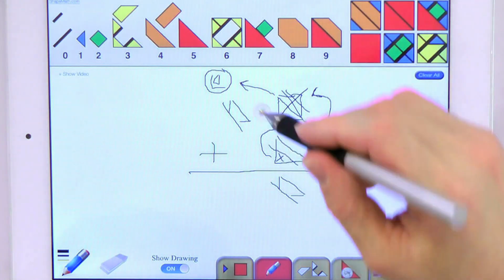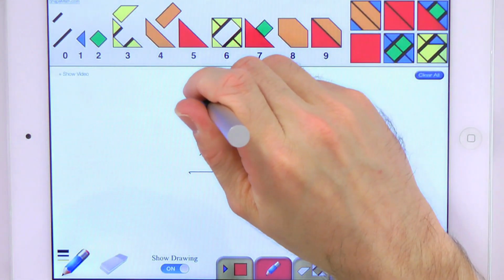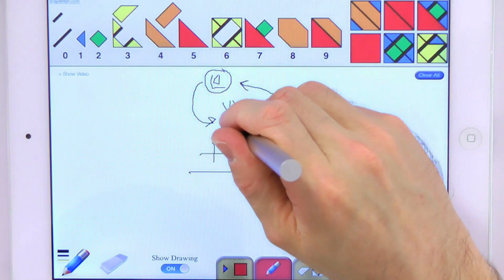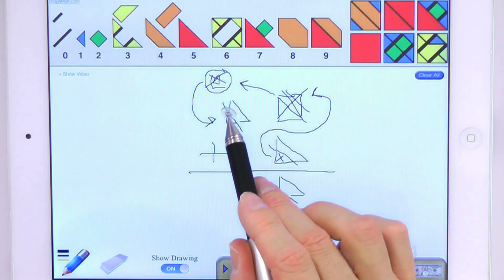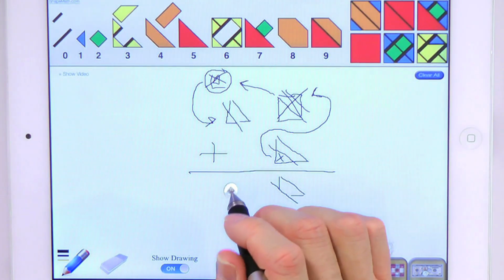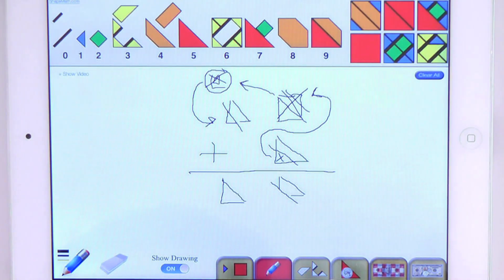There we are. Now we can take this 1 that we carried and move it onto the 4. Exit off because we've used it, and now we have a 5. And we're done with that column as well. So we draw a 5 down here, which gives us the answer of 54.